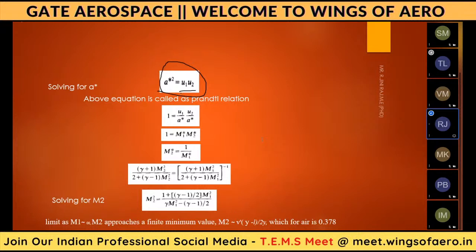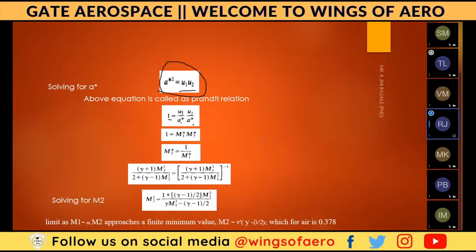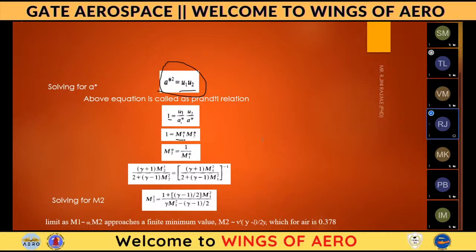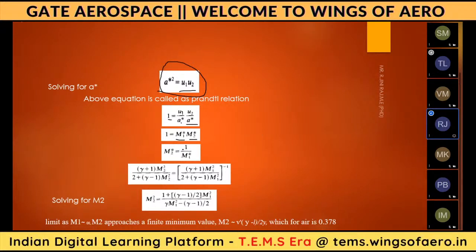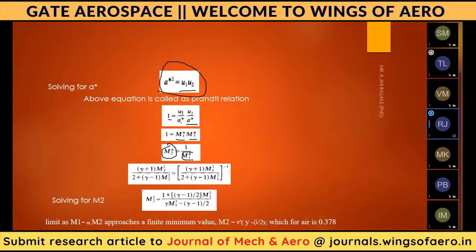So from this, again I am cross multiplying here. So it will become 1 equal to u1 divided by a star into u2 divided by a star. So u1 divided by a star, I can write like this, m1 star, and u2 divided by a star I can write like m2 star. So therefore, from this m2 star equal to 1 divided by m1 star. Now I'm substituting the value for m star, because we know the value for m star.